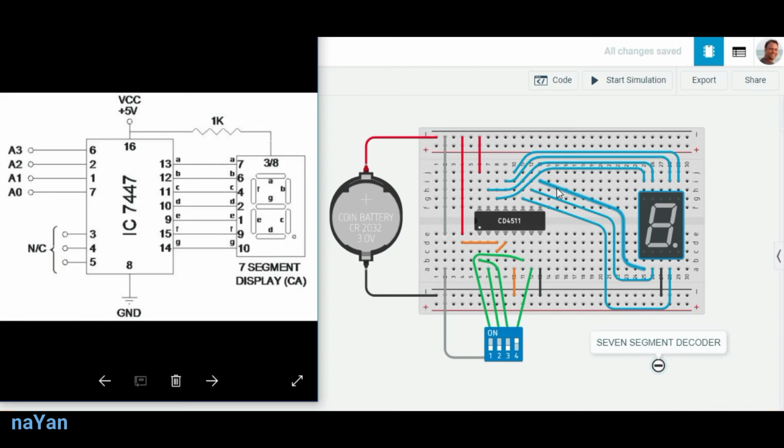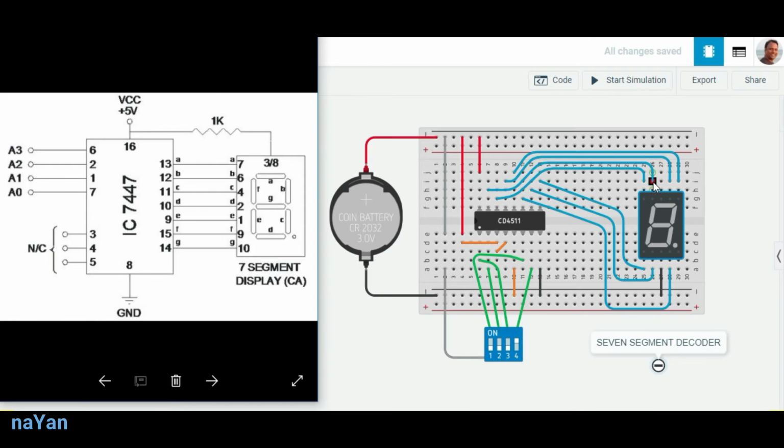And then 15 to 9. So 15 is here. This wire is connected to pin number 9 of the 7 segment display. So this pin is pin number 15 of the 4511 decoder IC, and it is connected to pin number 9 of the 7 segment display.